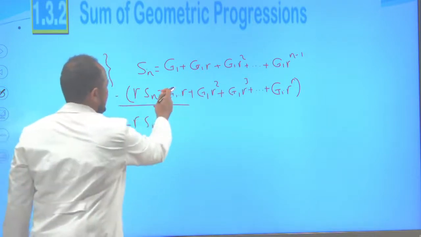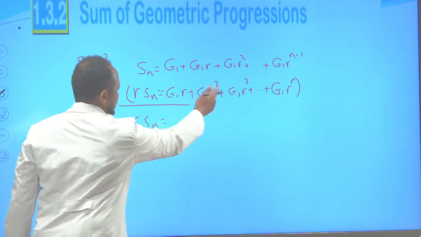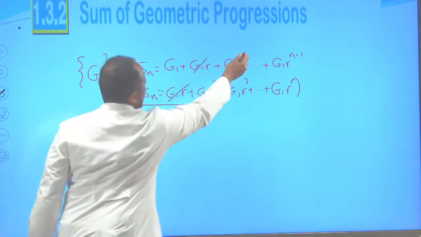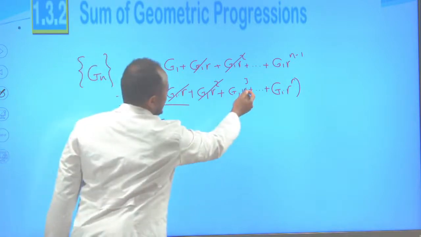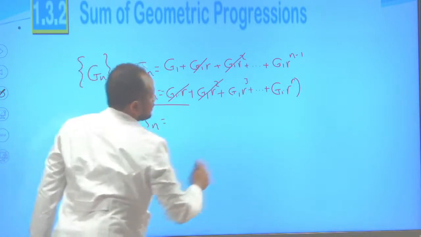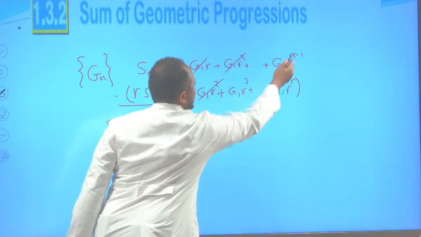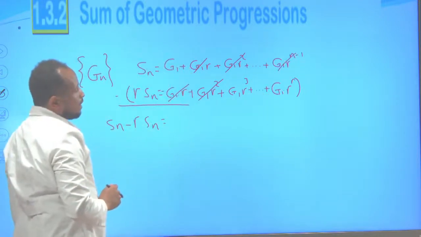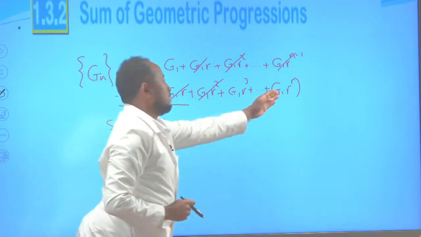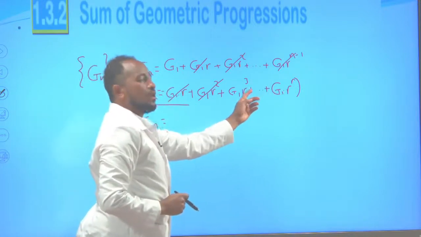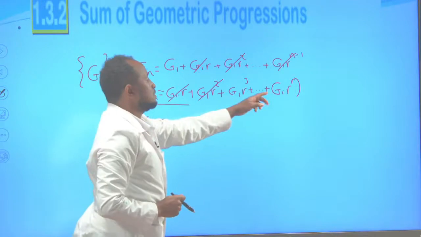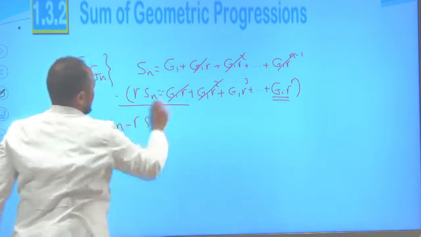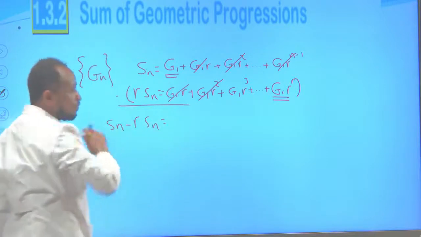So g1 times r cancels with g1 times r, g1 times r squared cancels, and the g1 times r raised to n minus 1 cancels as well. Only the remaining part is left, the whole middle part cancels.